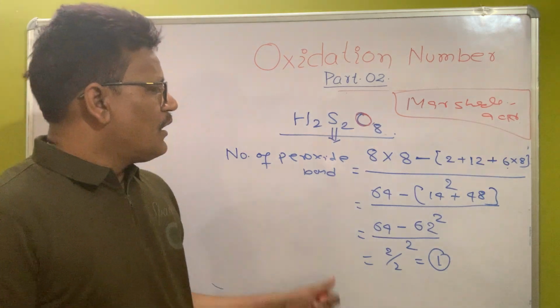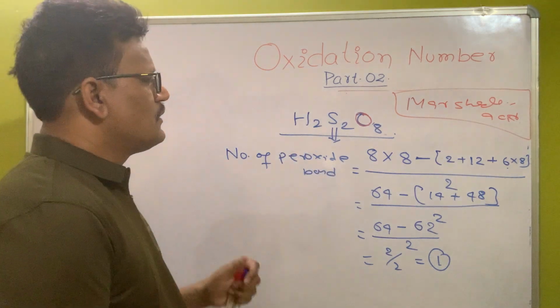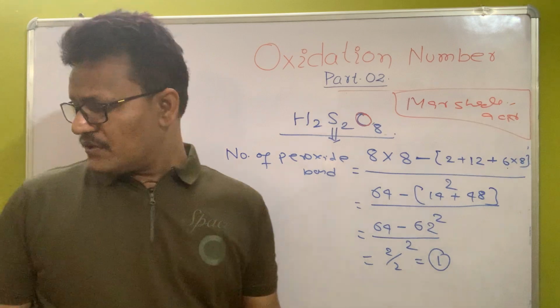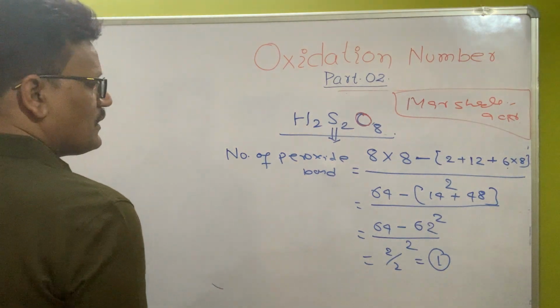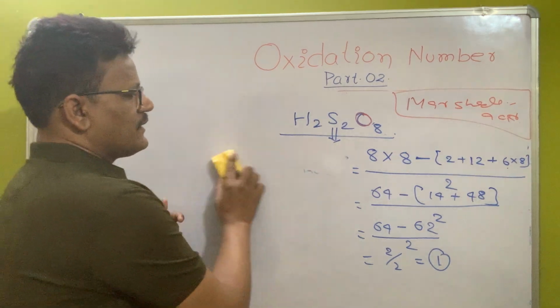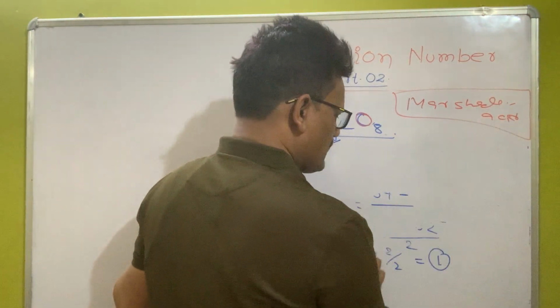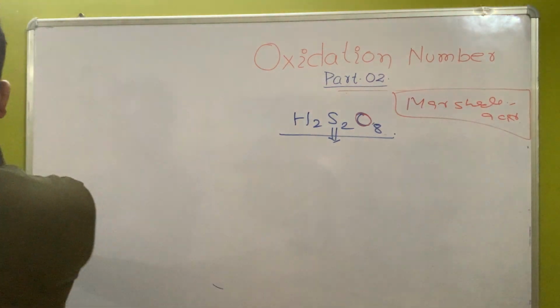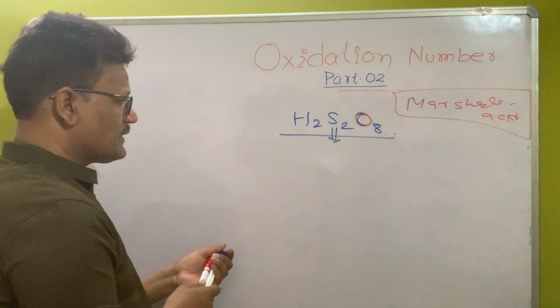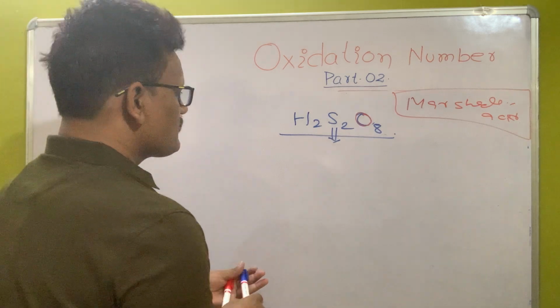H2S2O8 also has 1 peroxide bond. So using the concept of peroxide bond, we can calculate the oxidation number of sulfur in H2S2O8, that is Marshall's acid.